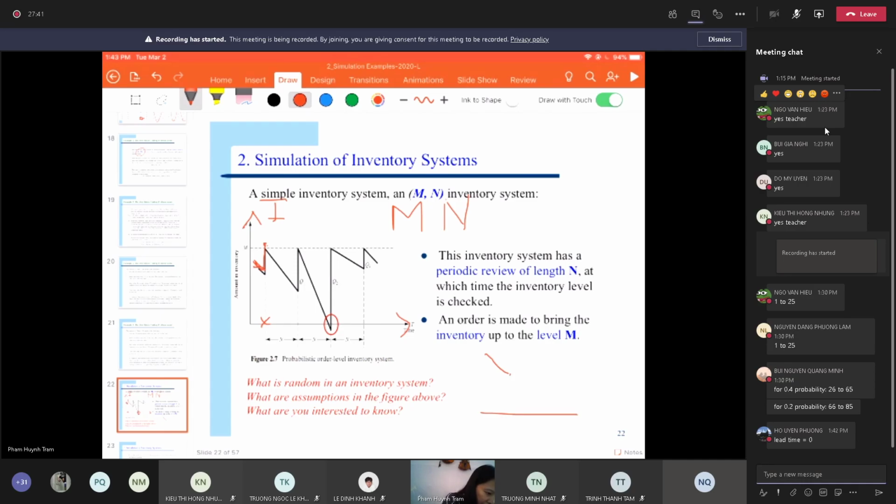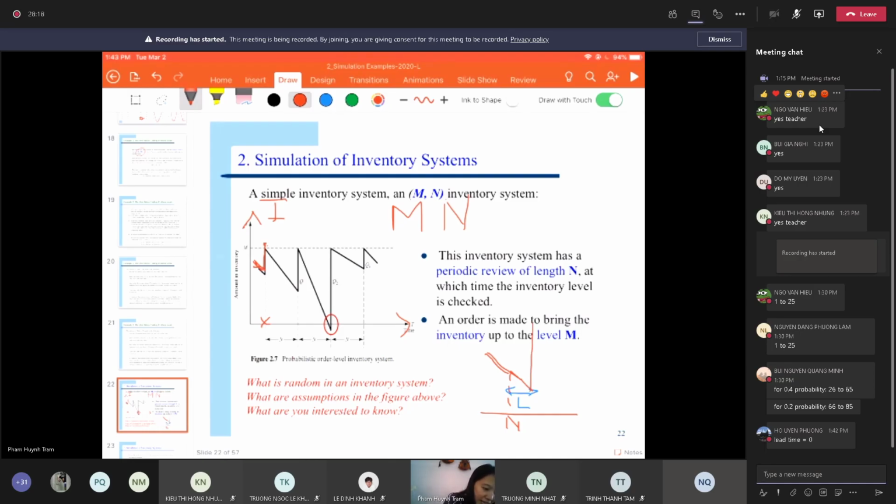This is our review period, and then we place an order here, and we still have to wait. While we are still waiting for the stock to arrive, our inventory level keeps going down, until after a certain lead time we receive the stock from the supplier, and then the inventory level will increase.